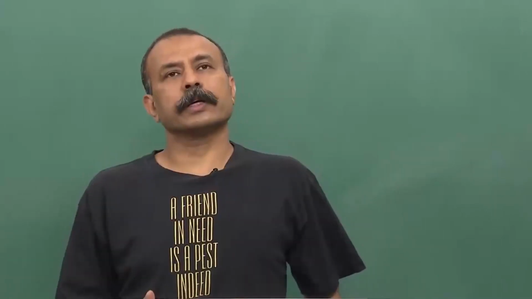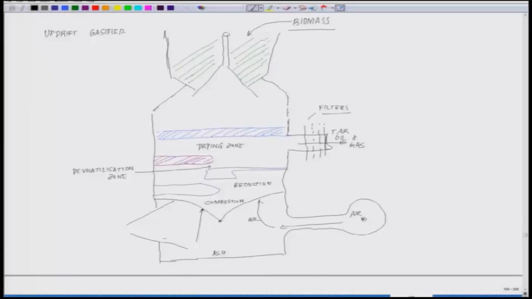If you see the cross section, let us go through it. Here you have the biomass feeder, which is essentially the zone where you are feeding the biomass, which I am now highlighting in green.